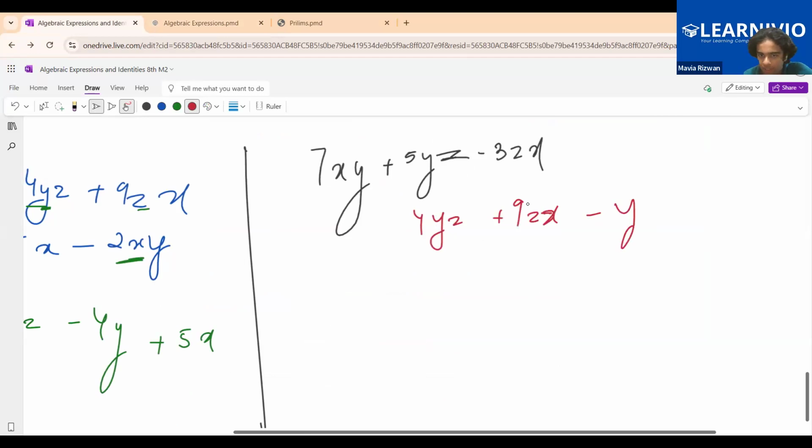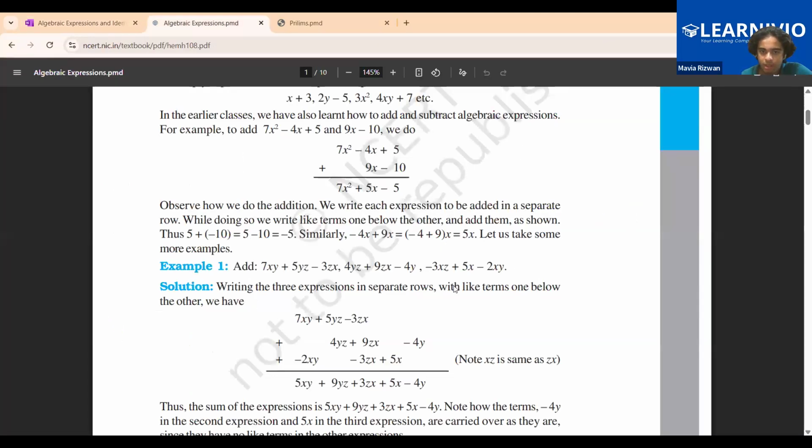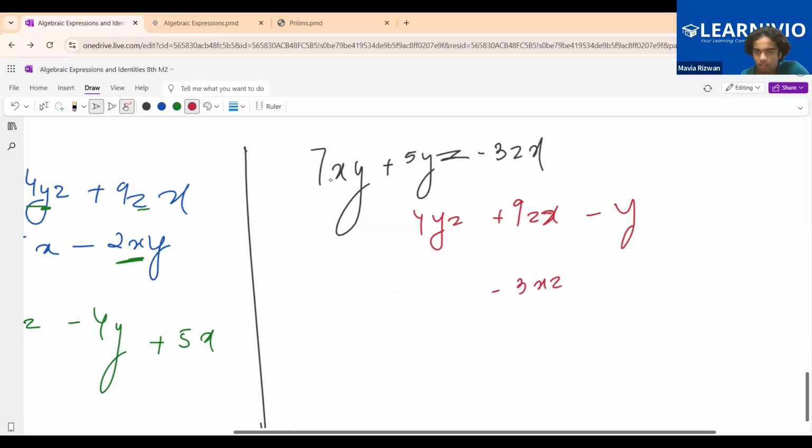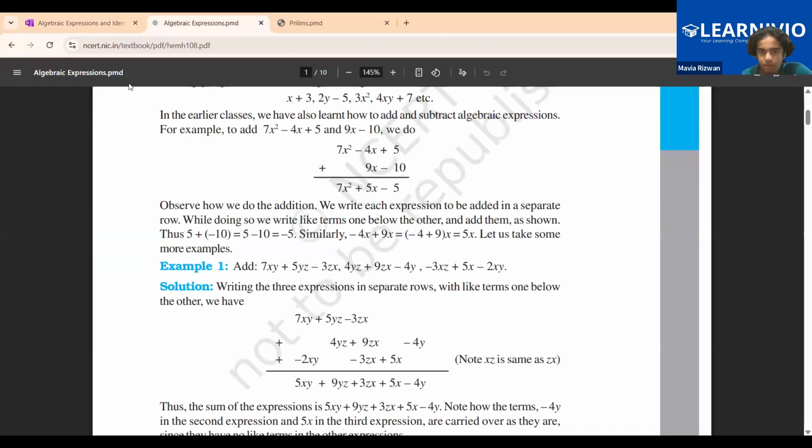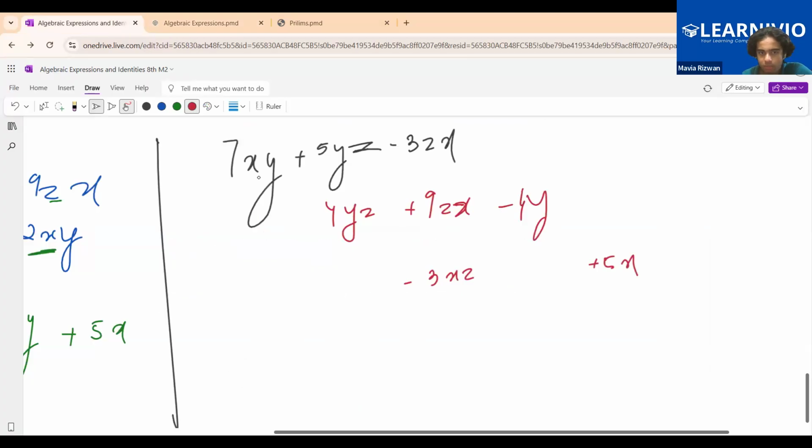So minus 3xz would come under this one because this is the same like term. Guys, like term means the ones which have the same variables. And plus 5x, 5x is not there in any of them, so plus 5x as it is. And at last we have minus 2xy. So the xy term is this one, so under it I'm going to write minus 2xy.